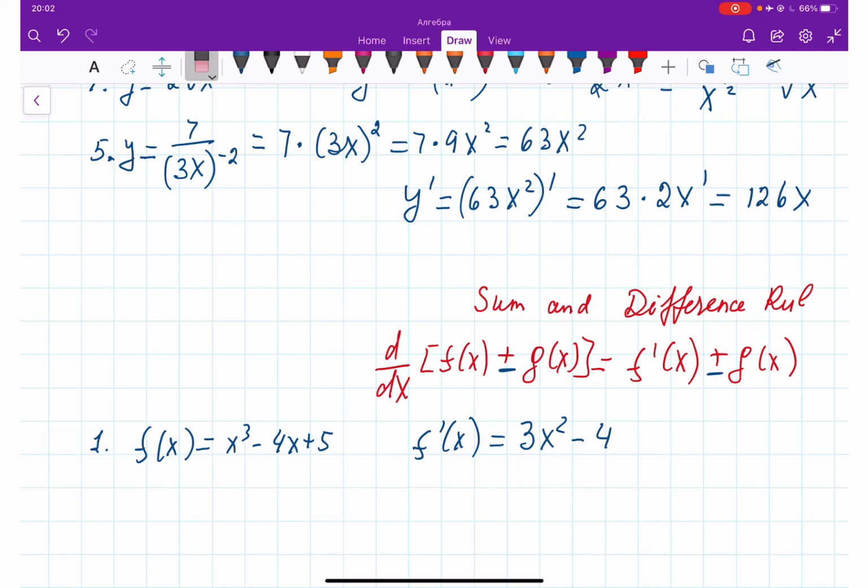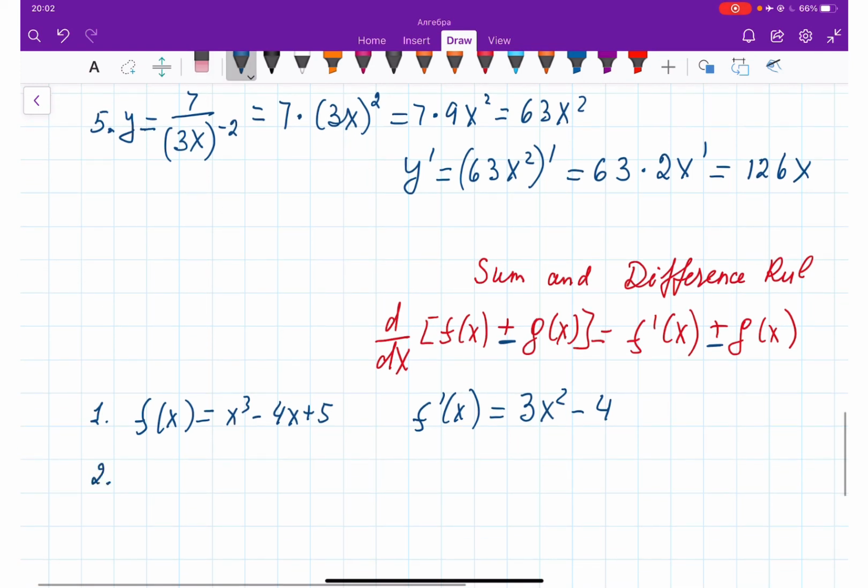For 4x, the exponent is 1, so 1 will come in front, which won't do anything. 4 times 1 is 4. And then 1 minus 1 will be 0, and x to power 0 is 1. So practically we have 4 left there. And the derivative of 5 is 0 anyway, as a constant.